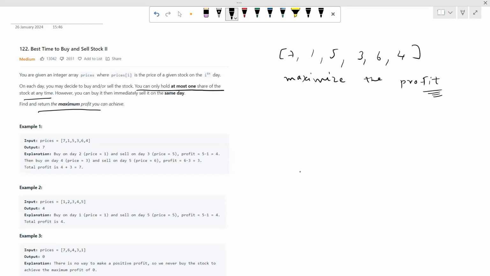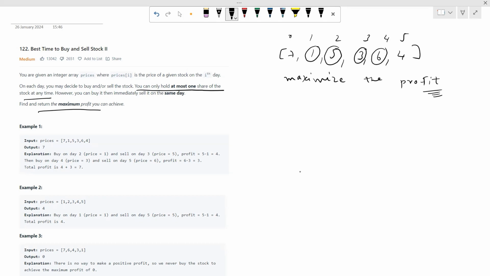What does it mean? Let's say we buy the stock on the first day, assuming we have zero-based indexing, and then we sell the stock on the second day. So at most, we can only hold one share at a time. Then after this, again, let's say we buy the stock on the third day, then again sell the stock on the fourth day.